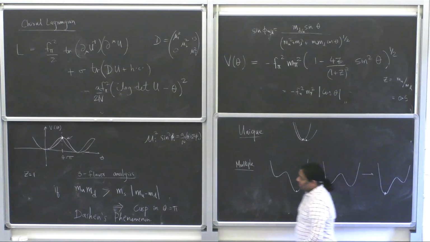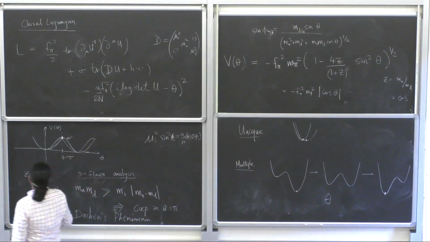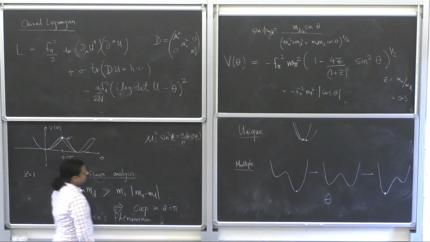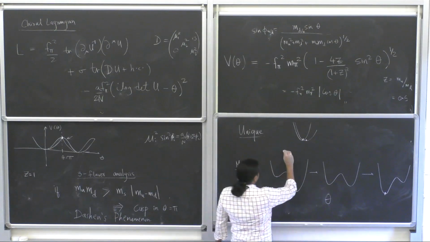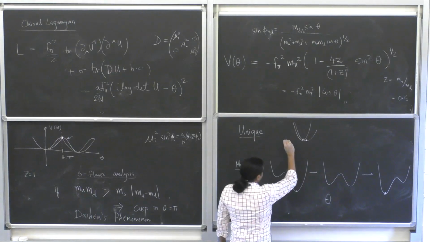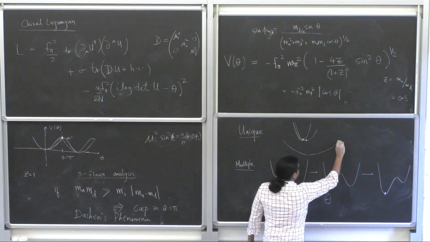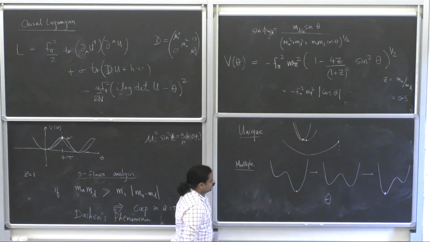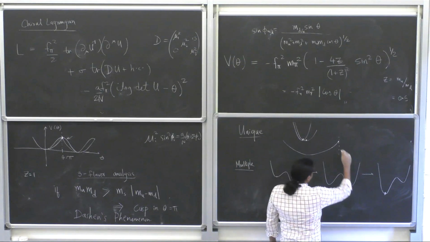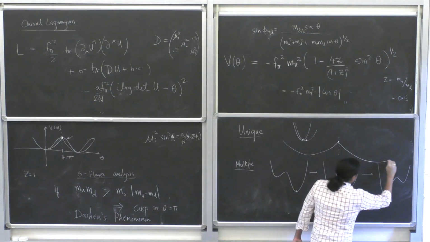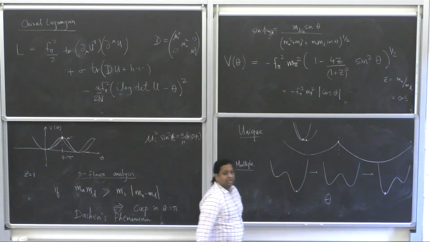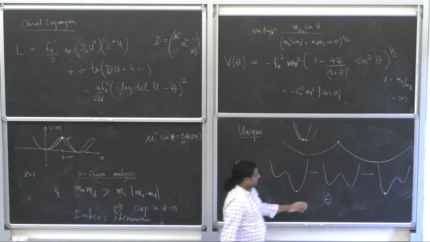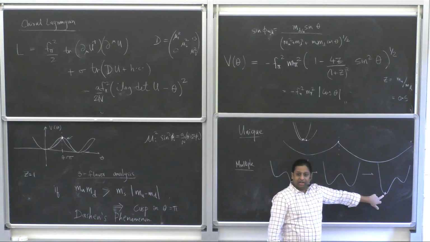So whenever there's a cusp, the vacuum energy is on one branch here, and then at some value, which turns out to be theta equals pi for an interesting reason, the other branch becomes the vacuum energy. The vacuum energy tracks the dependence of that state as a function of theta.